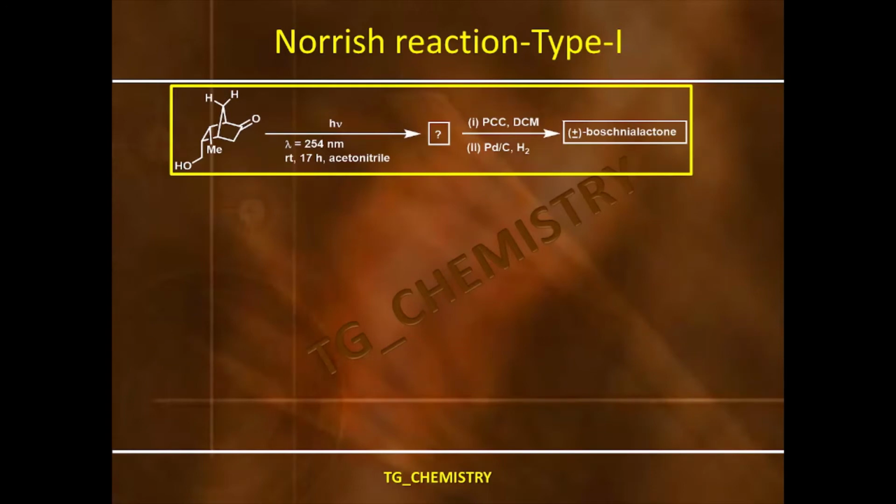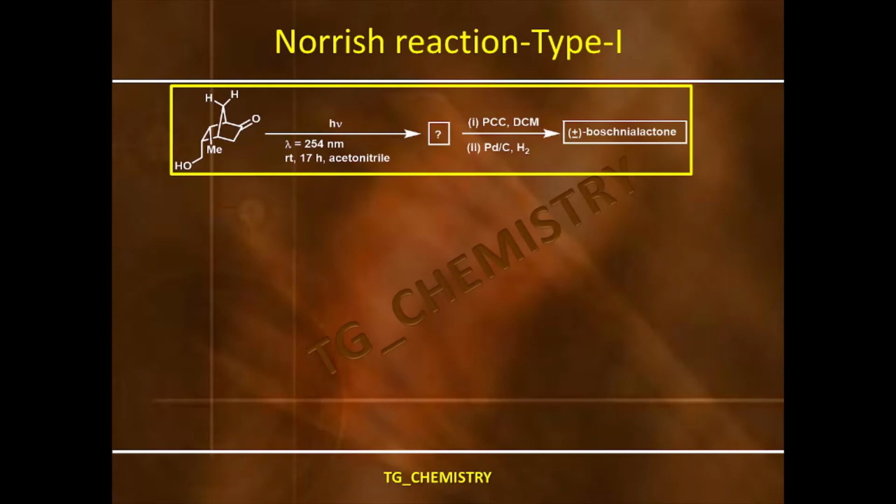Here is another example where a bicyclic ketone, upon photoirradiation with a wavelength of 254 nanometer in acetonitrile solvent, leads to a product, and that product eventually, upon oxidation by means of PCC and DCM followed by reduction by means of palladium on charcoal and hydrogen, will form the natural product bosniolactone as the final target.